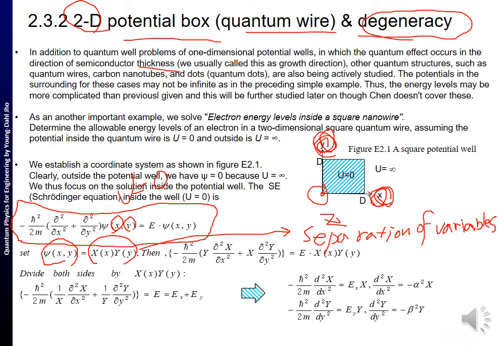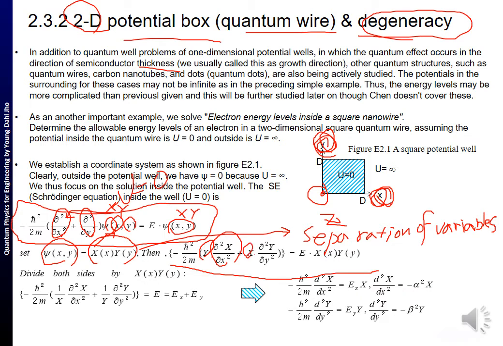Okay, so we put this in here, then psi is replaced by X and Y. Then we have this equation. This is the operation on X, and this is the operation on Y, right? So Y is separated, and we go through the partial squared X, partial x squared.